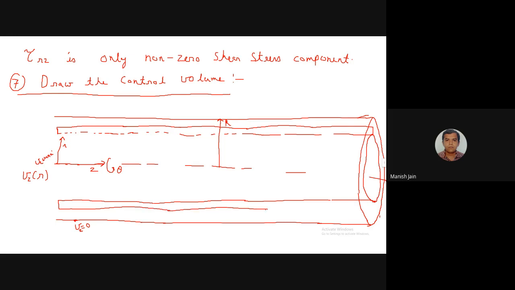So inside the system, you have a control volume. There are rules for the control volume.